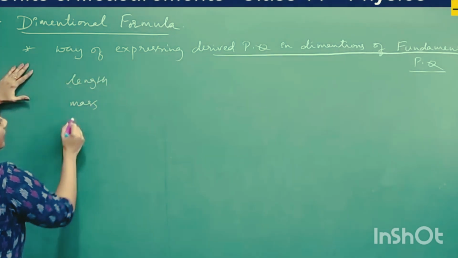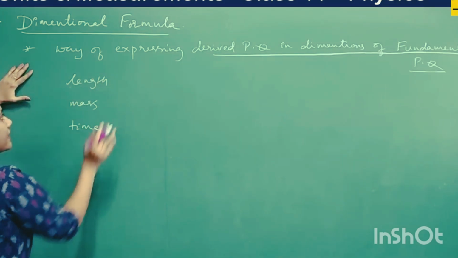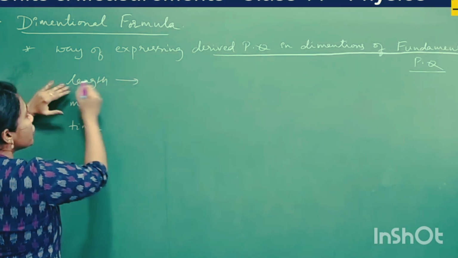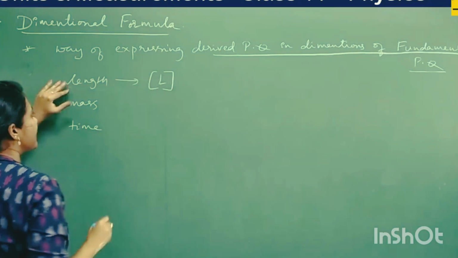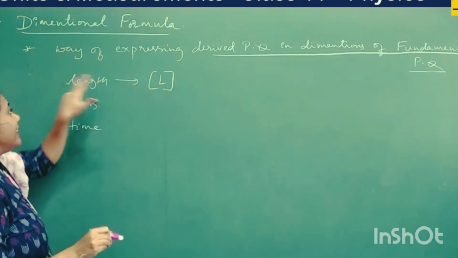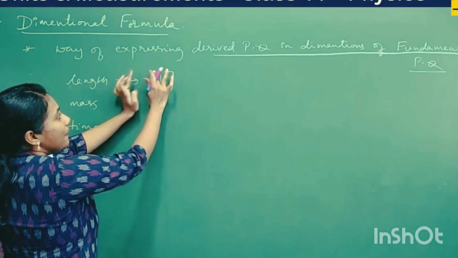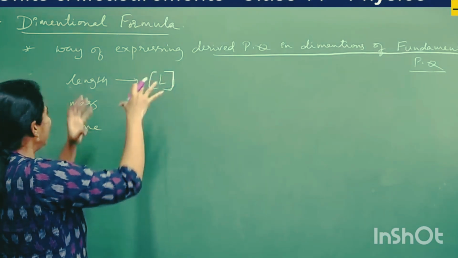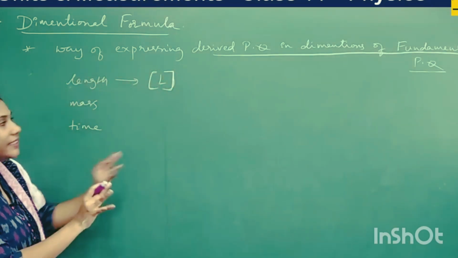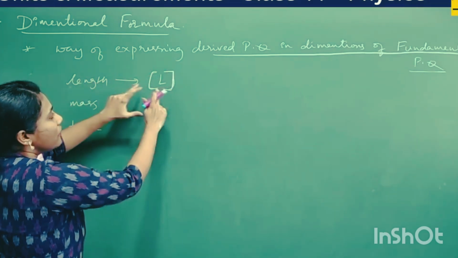For example, we know the fundamental physical quantities: length, mass, time. Let me take initially these three. What is the dimension of length? Instead of writing length, L-E-N-G-T-H, we can just write L in a bracket. The bracket means dimension, nothing but a fundamental physical quantity.